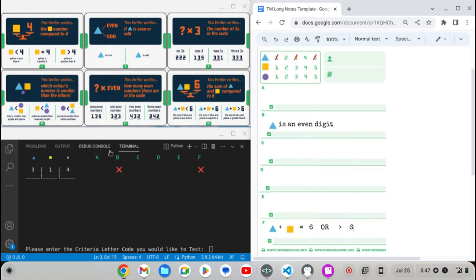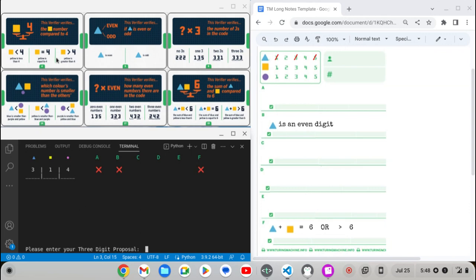And I do have square 1, where if it's not less than 4, then at least we know it'd be 4 or 5. That may be a good choice as well. Yeah, let's go ahead and test criteria card A.